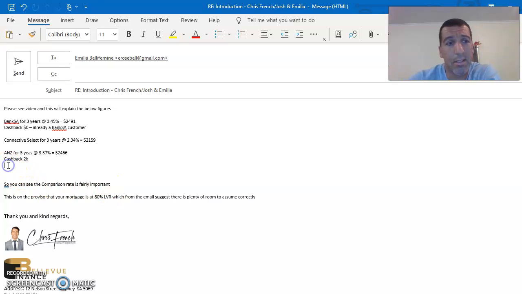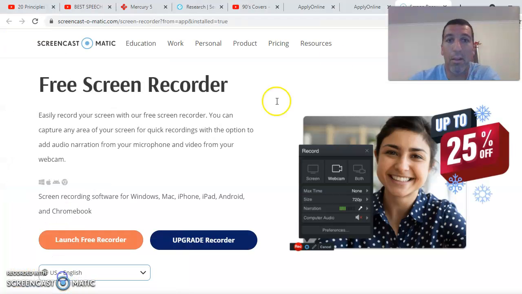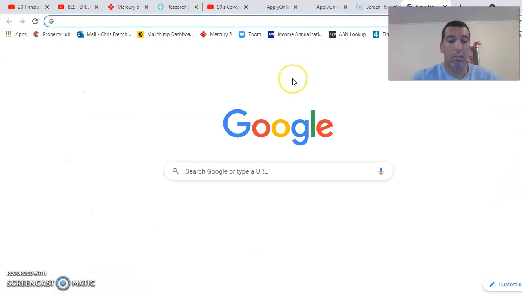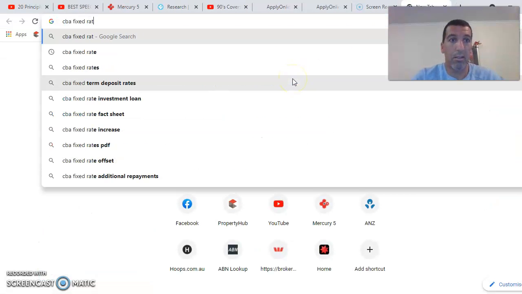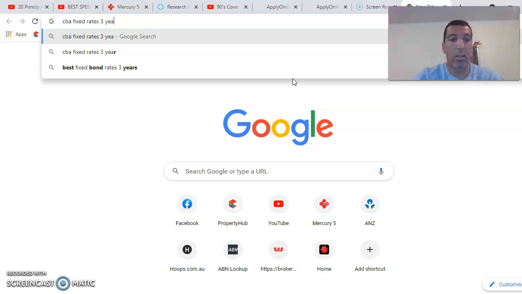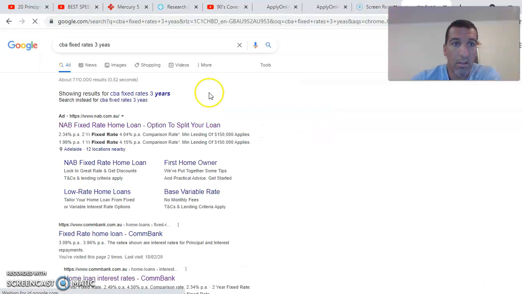All right, I'm going to send you this for a comparison. In the meantime, I might jump on CBA and see what their comparison rate is. Let's do it now. I'll do it in front of you. Fixed rates, 3 years. No, not NAB.